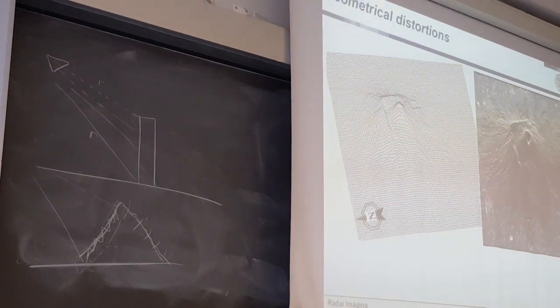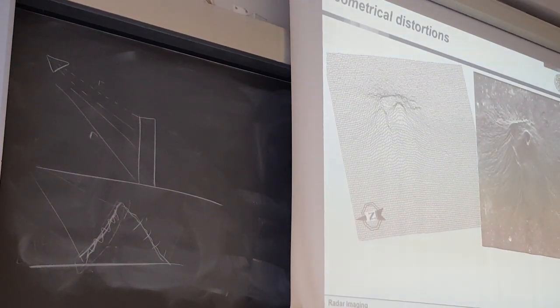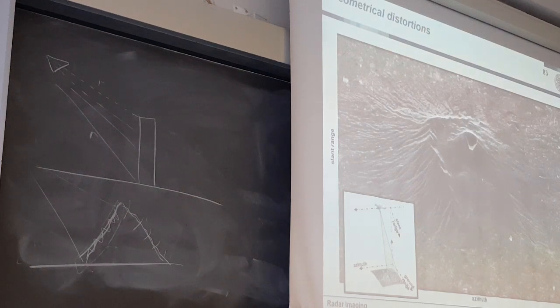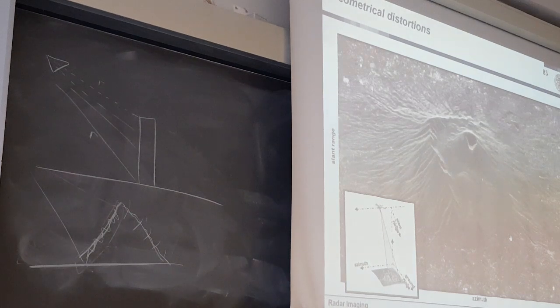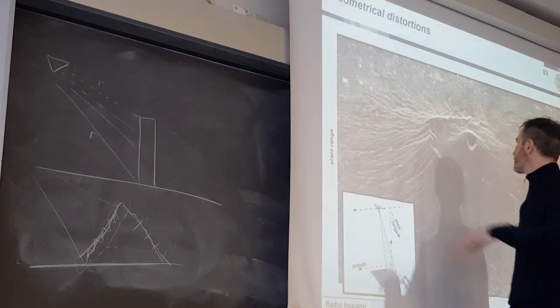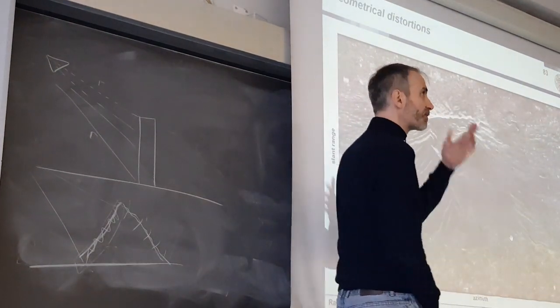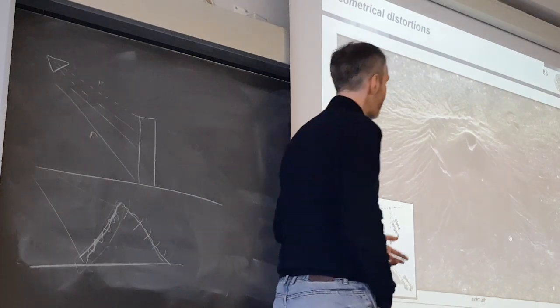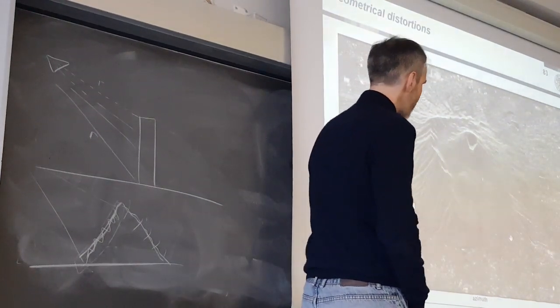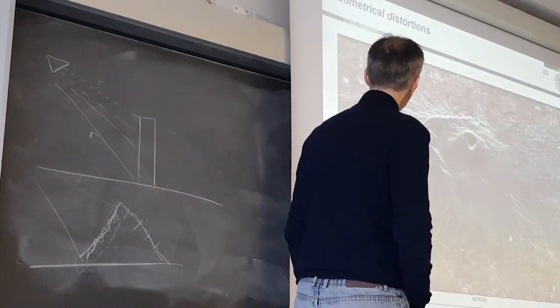I just showed you some images. First, this is Vesuvio. This is an image of the volcano Vesuvio as imaged by the European Space Agency satellite ENVISAT at C-band. This is the upper caldera. This image is not very good because the projector is not very good, but it really looks nice on my screen.